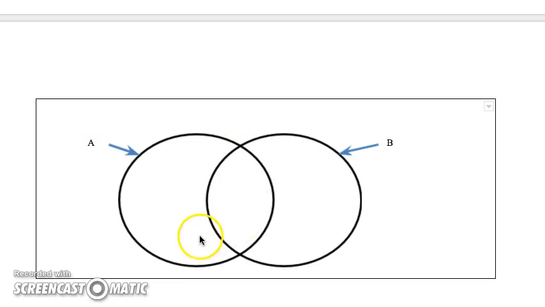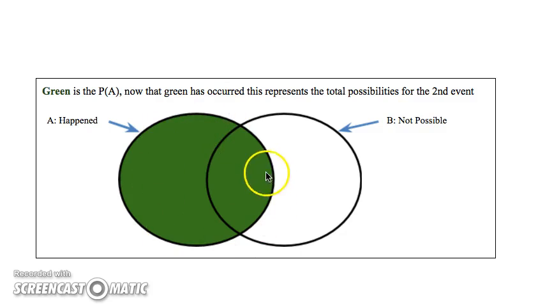Now let's say we want to know the probability of B given that A has occurred. Well, A has occurred, so once A has happened, this represents all of our outcomes. All of our outcomes following that are within this circle because we know that this event has occurred. So that represents the total possibilities for event B to occur.